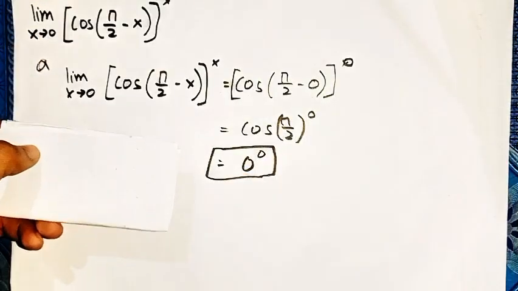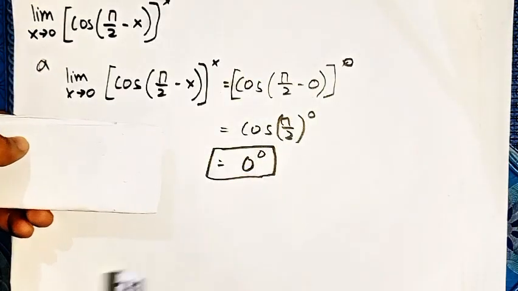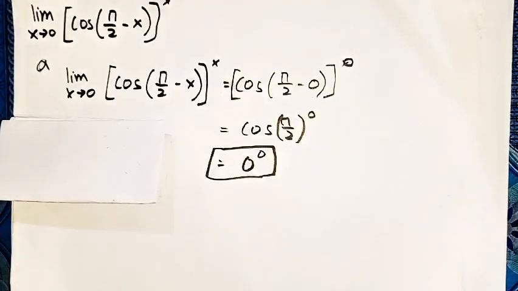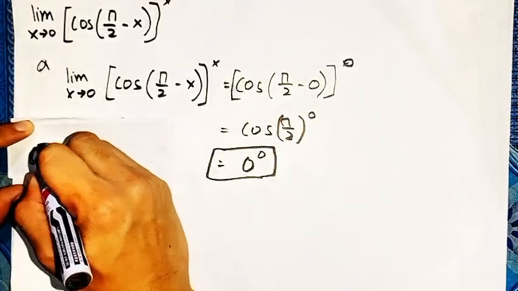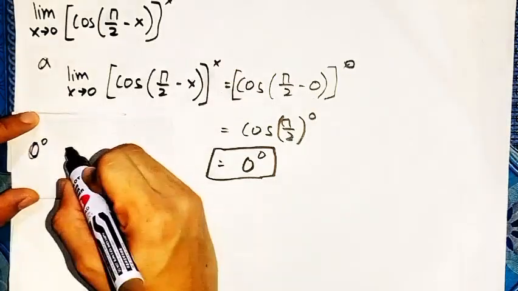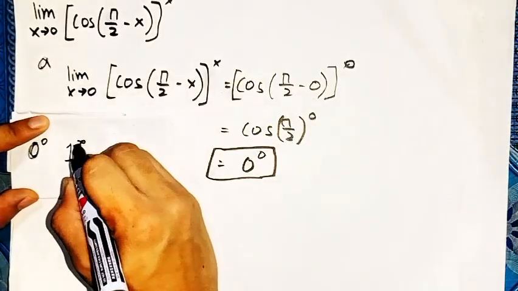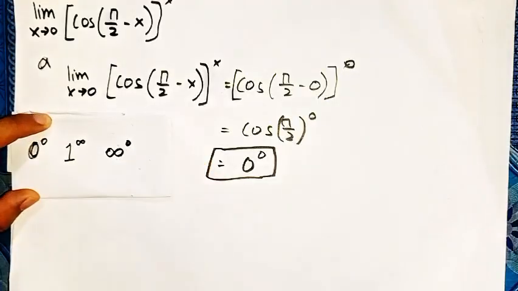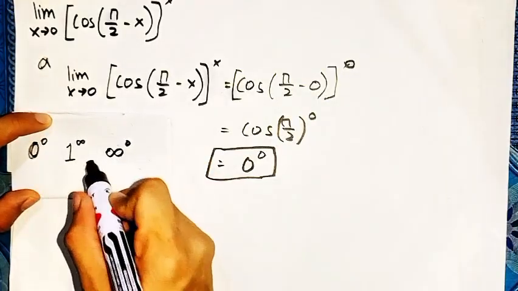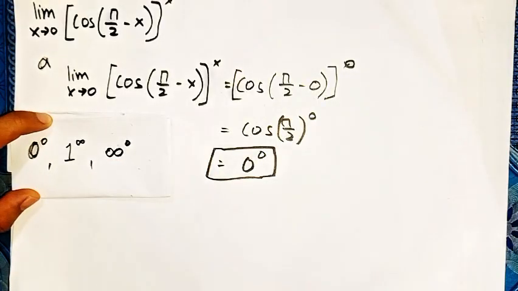There are other types of indeterminate form besides this one, 0 to the power of 0. We also have 1 to the power of infinity and infinity to the power of 0. These are the other types of indeterminate form.